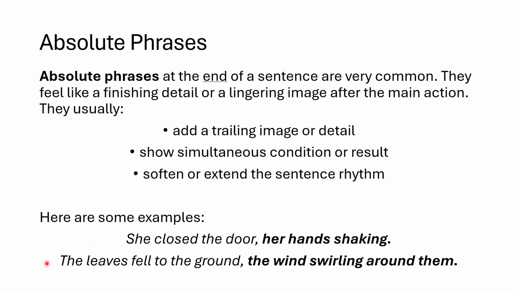The leaves fell to the ground, the wind swirling around them. The main clause is first, followed by a comma. Then the absolute phrase comes next. Writers prefer the end placement because it is most natural and least disruptive. The extra detail doesn't interrupt the flow of the main idea. Multiple phrases can be stacked at the end of a sentence.